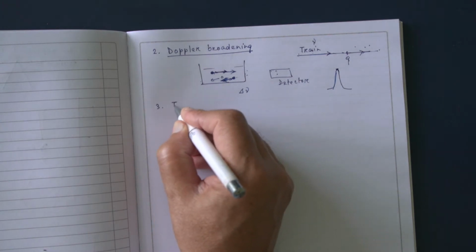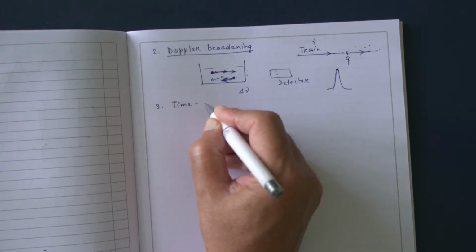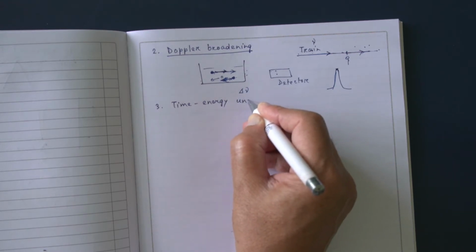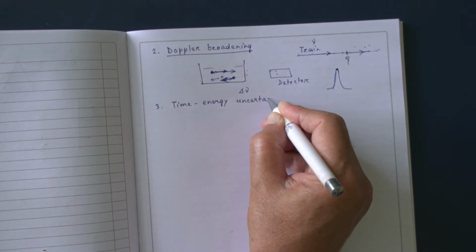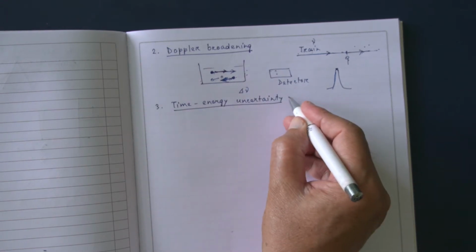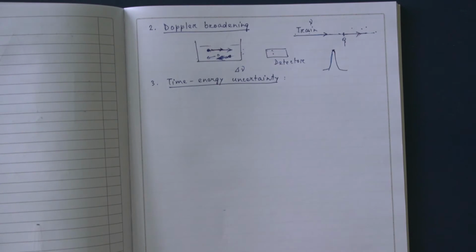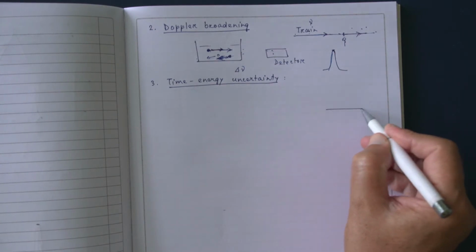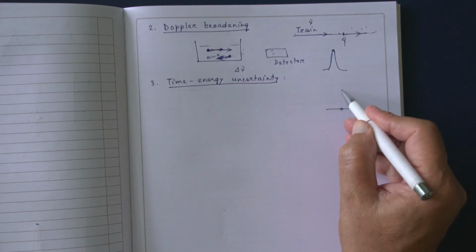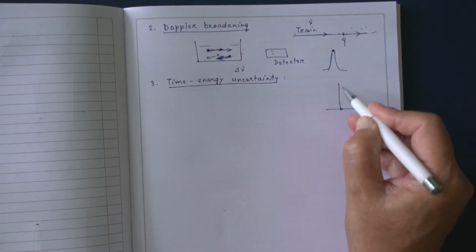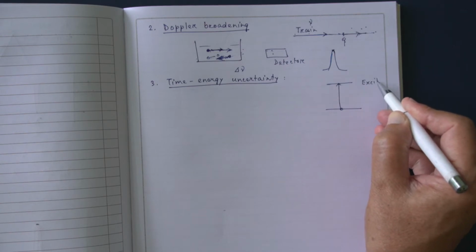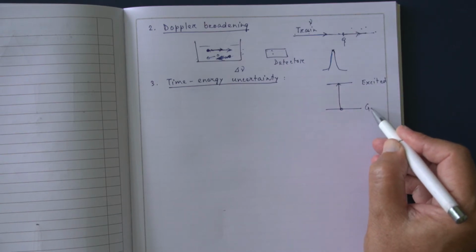Third thing is time-energy uncertainty. What is this? Suppose a molecule is here in the ground state. It is absorbing radiation and coming to the excited state. This is the excited state, and this is the ground state.